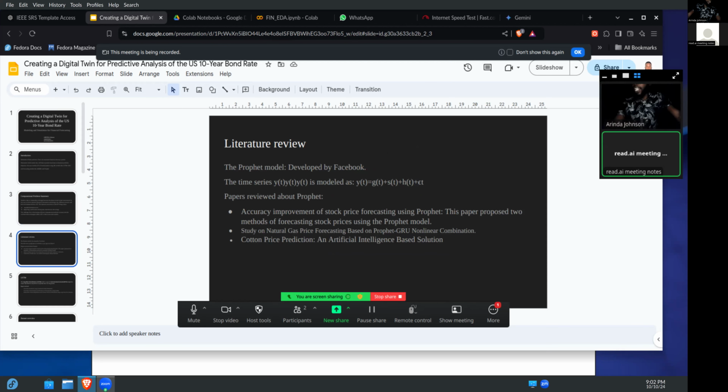The literature review I did was mainly about the models I was planning to use. One of them is the Prophet model, developed by Facebook.